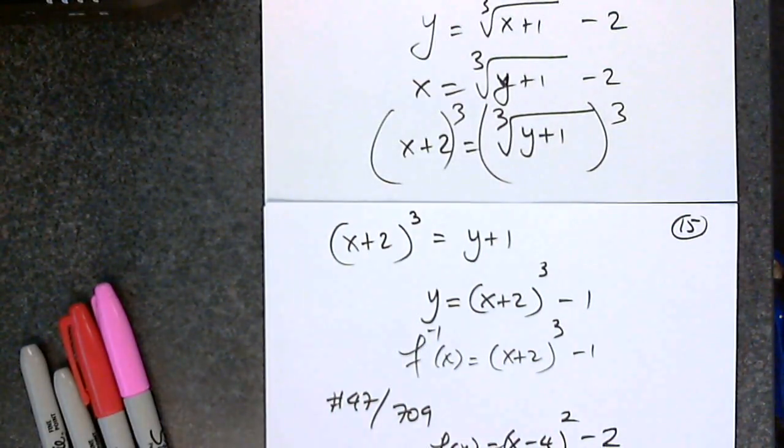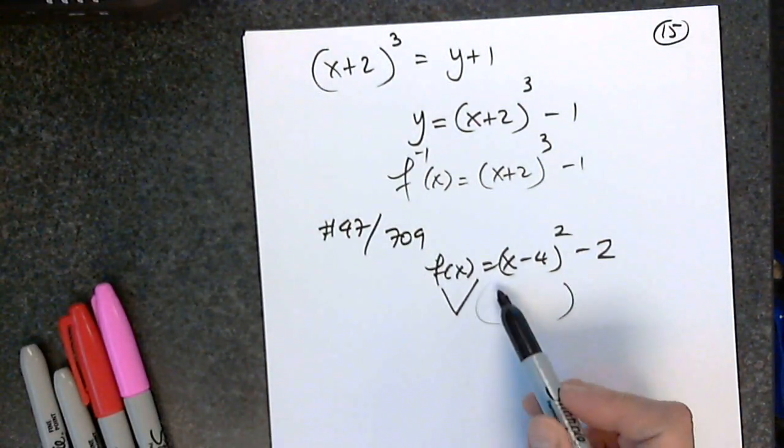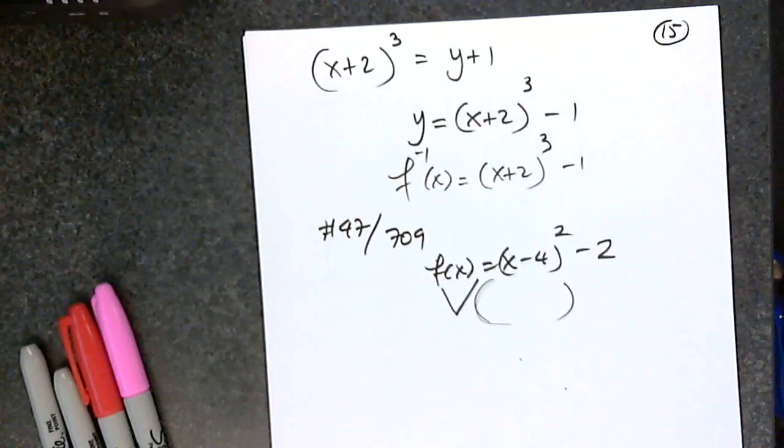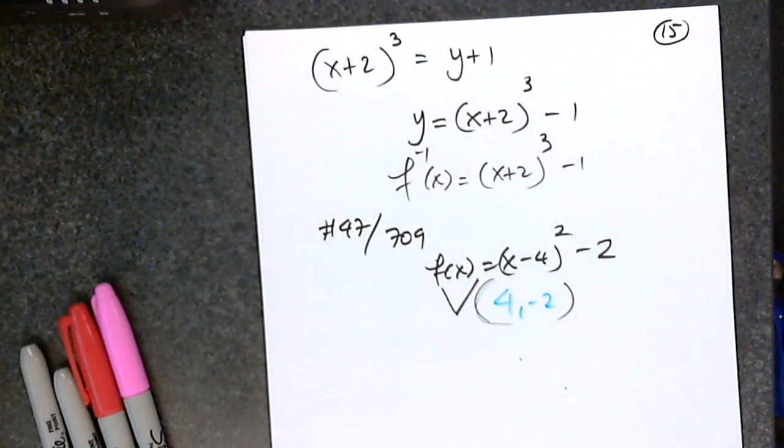Can anyone identify the vertex with no calculations? Careful. 4 comma negative 2. When we move 4, so x squared is here, but x minus 4 is here at 4. And then down 2. Okay.